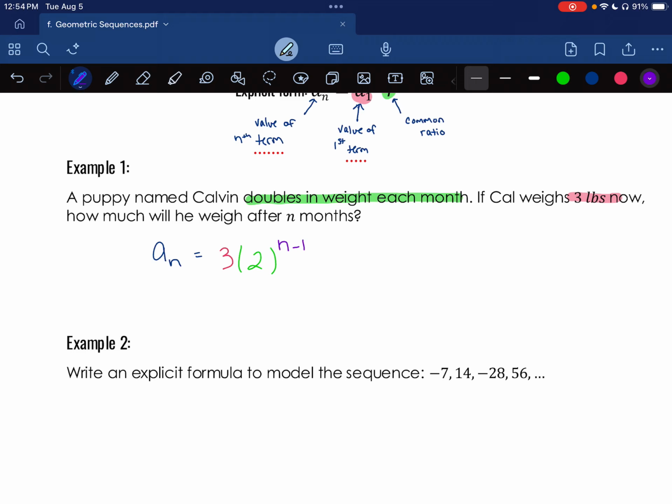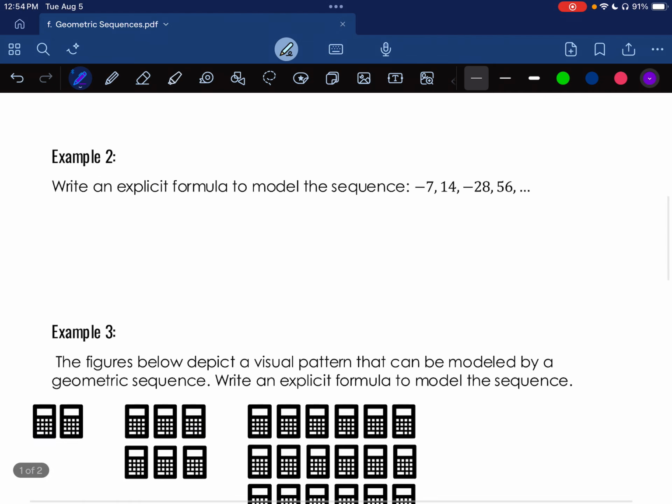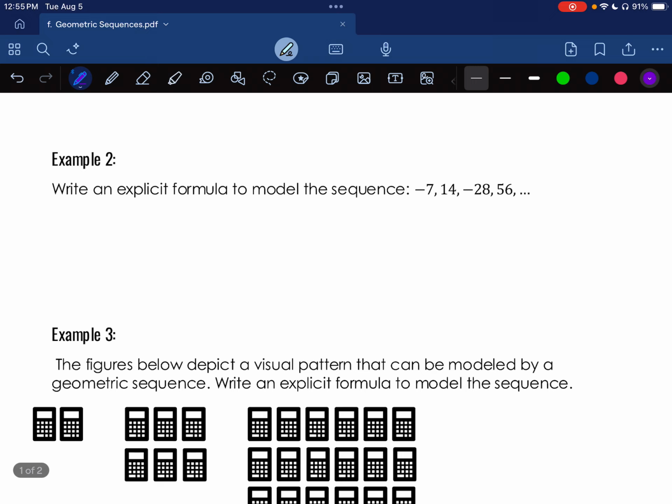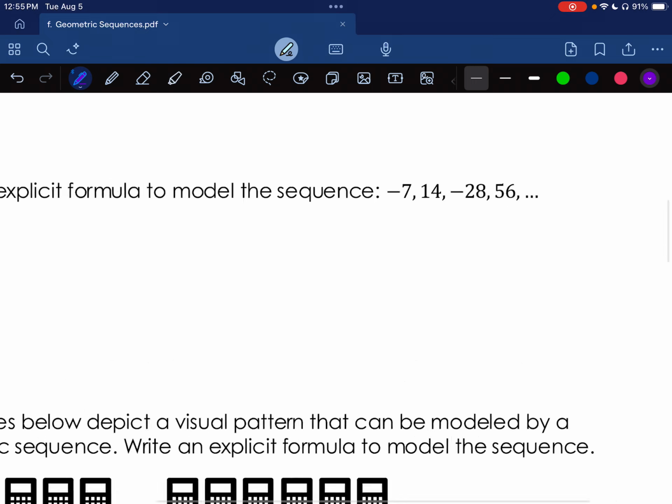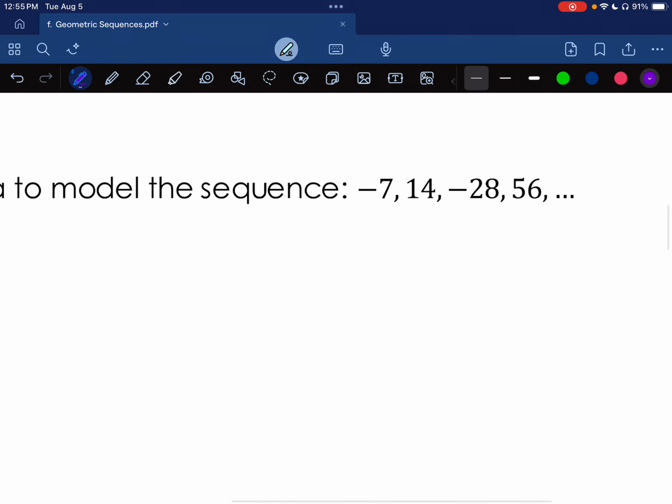Now let's talk about an explicit formula for what I call the boring sequence here. We have to figure out two pieces of information. What was the first term, a sub 1? And then how is this thing changing? A sub 1 is going to be that starting number in the sequence, in this case, -7.